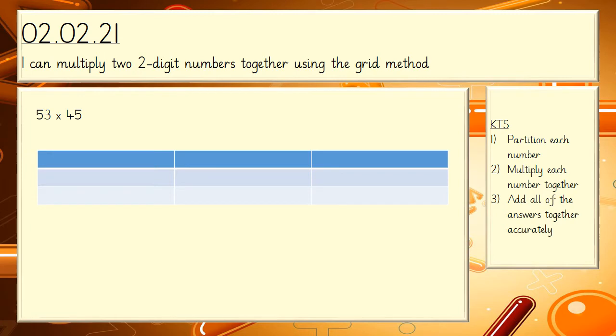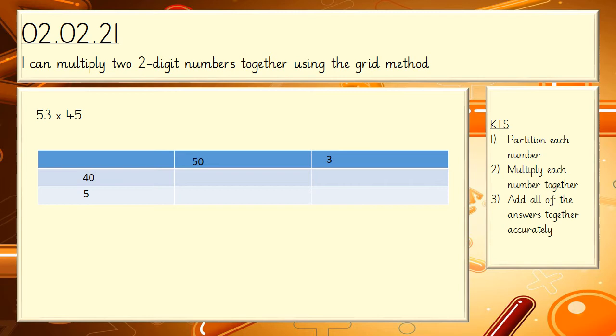So pause the video here and have a go at this question. So don't forget first of all to partition both numbers. So partitioning 53 would be 50 and then 3, and then partitioning 45 would be 40 and then 5.